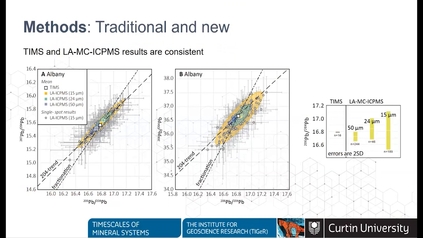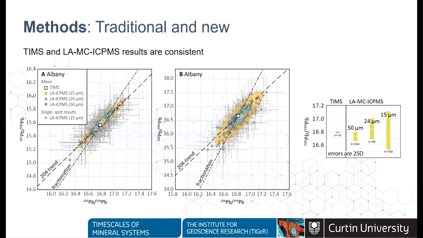Importantly, the results between both methods are consistent, which is shown in this figure here. These are the results of the analysis of a new lead isotope reference K-feldspar called Albany. We have TIMS analysis, and then the results of laser ablation multi-collector ICP-MS analysis at varying spot sizes, from 15 to 50 micron.